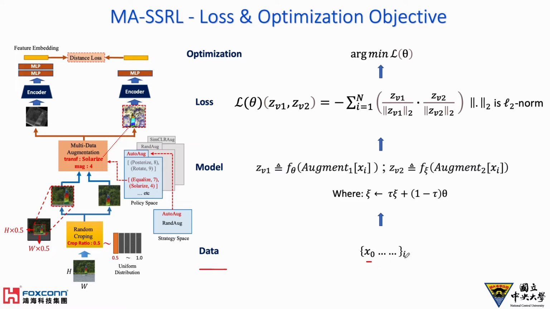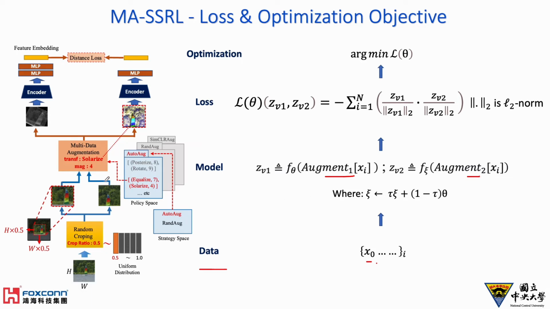It can be a lot, so we can just imagine this is an image in our data set. The image then goes through cropping and then transformation, which we denote as augmentation. One image generates two augmented versions, augmented 1 and augmented 2, of the same image.